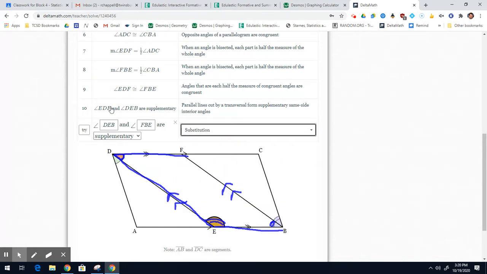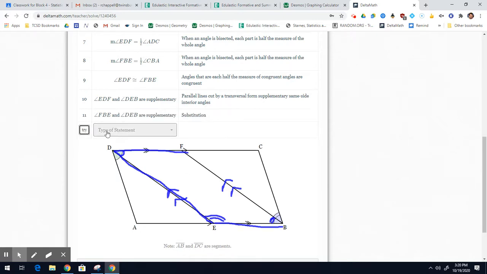Substitution. I'm just replacing EDF. So I'm going to actually write it like this. FBE and DEB. Just so I truly show that I'm substituting them out. Done. And now these two same side interior angles are supplementary. Therefore, lines DE and FB must be parallel.